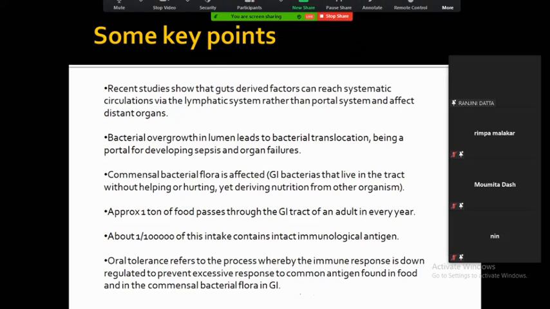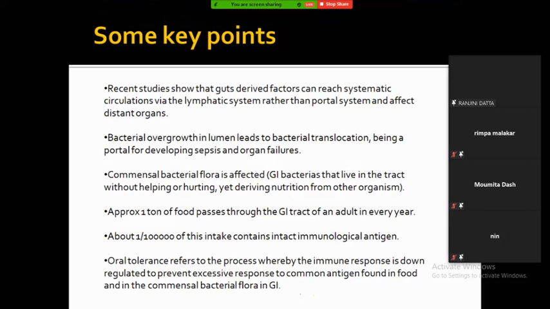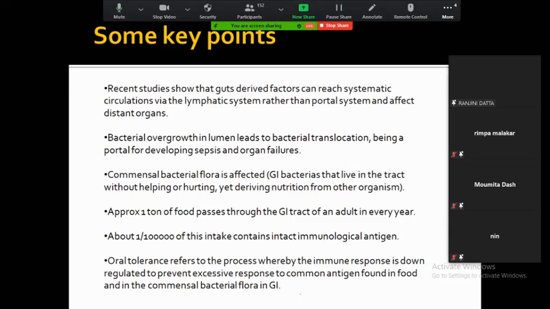So this argument that intake of food can worsen the condition, which had been a thought process in many clinicians for a long period, is completely countered by this fact, because the entire chain of events is a delicate balance of the immunological status, and if the antigen antibody system is coming into play, we can note that only 1 out of 10 lakh is the intact immunological antigen that we receive through food.